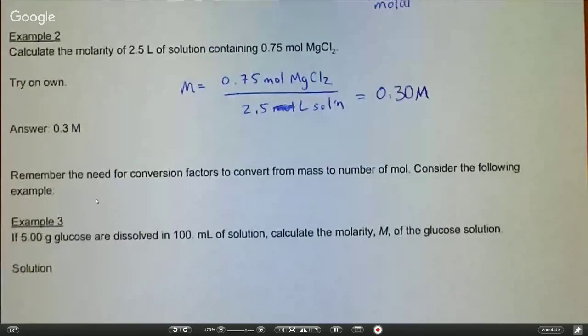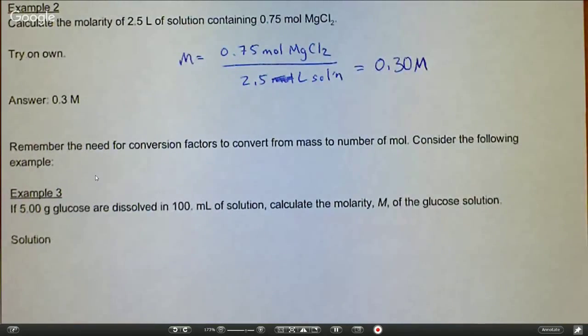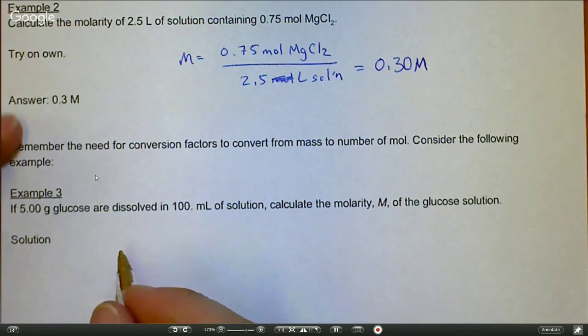So example 3 says, if 5 grams of glucose are dissolved in 100 milliliters of solution, calculate the molarity M of this glucose solution. We can do this one of 2 ways.